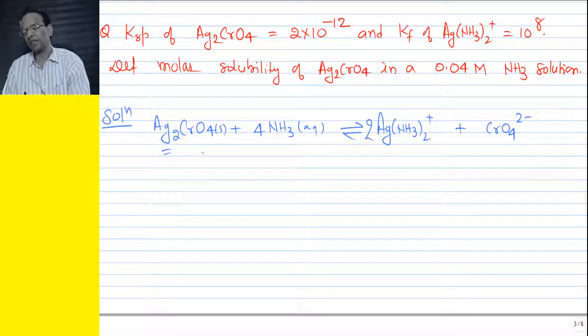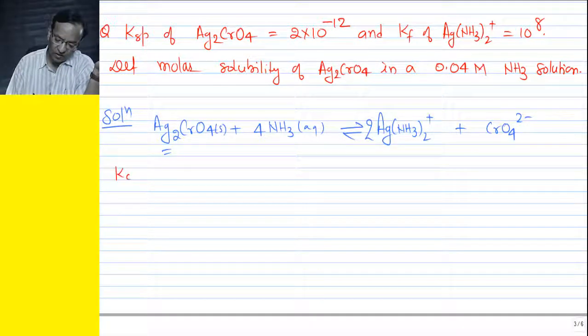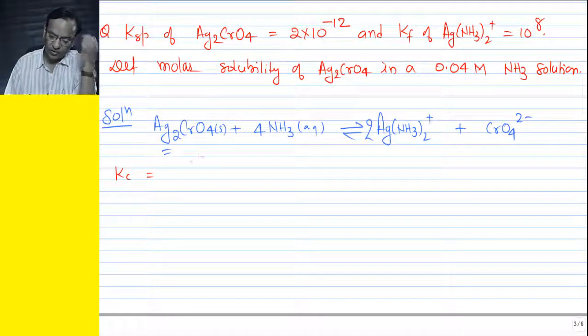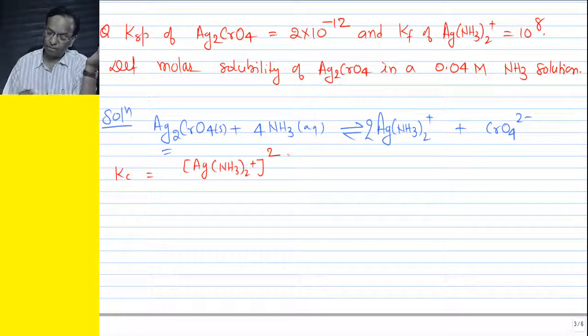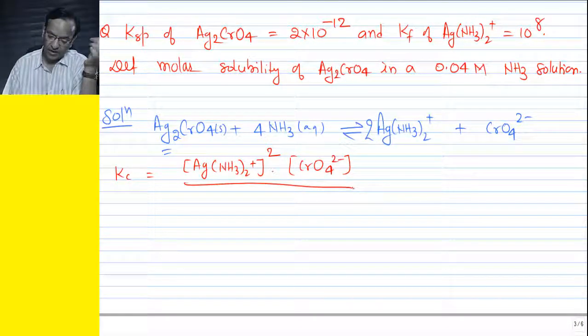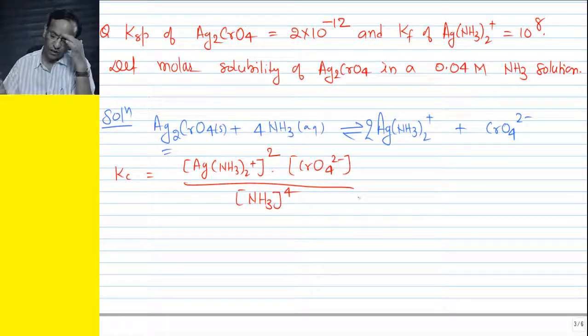Now it is a balanced reaction for which the Kc will be equal to the concentration of Ag(NH3)2 plus square into the concentration of chromate ion divided by the concentration of ammonia raised to the power 4.